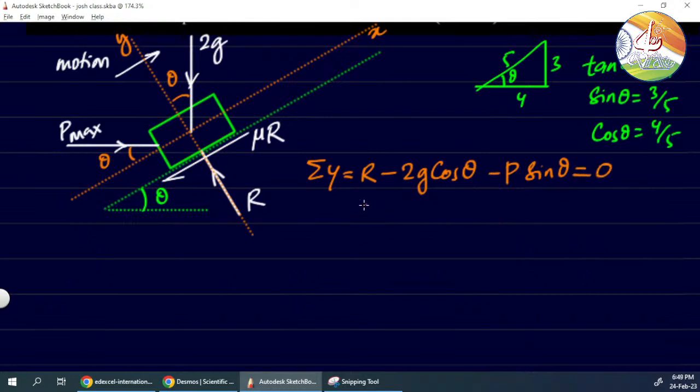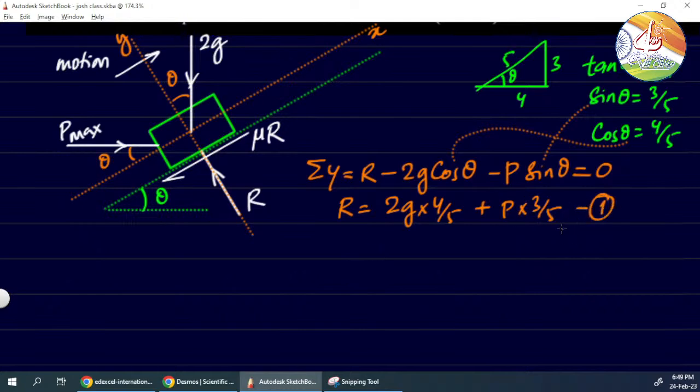The total should be 0, so R equals 2g cos theta plus P sine theta. Cos theta is 4/5, and P sine theta is 3/5. So this is the equation for R.